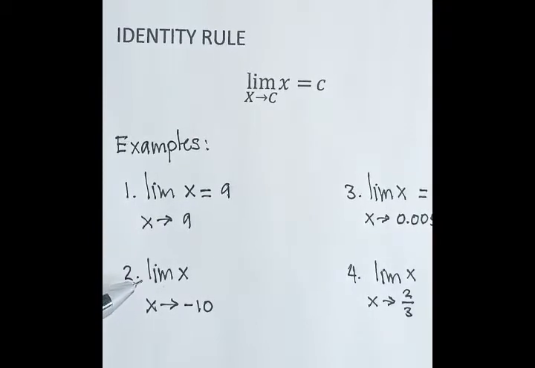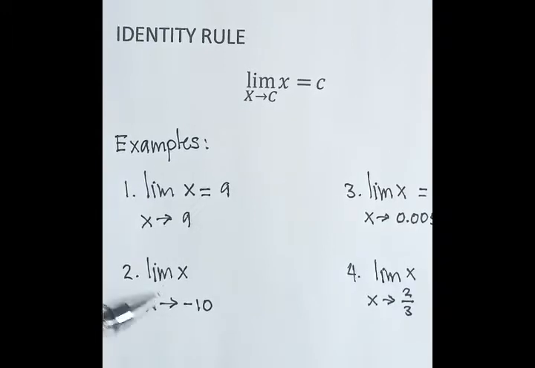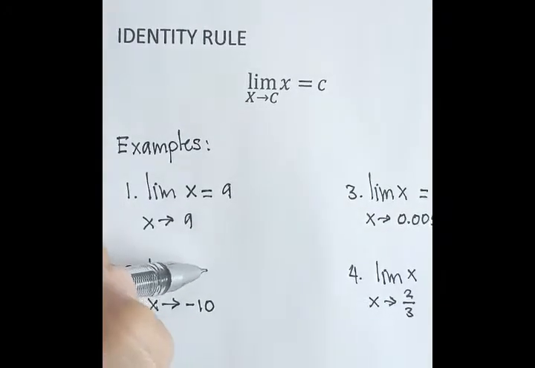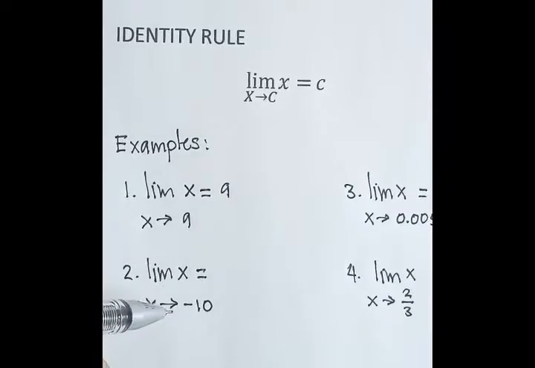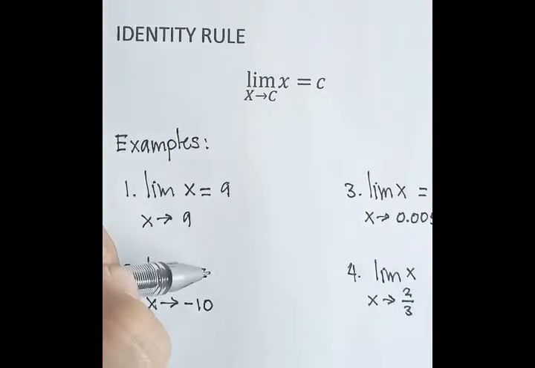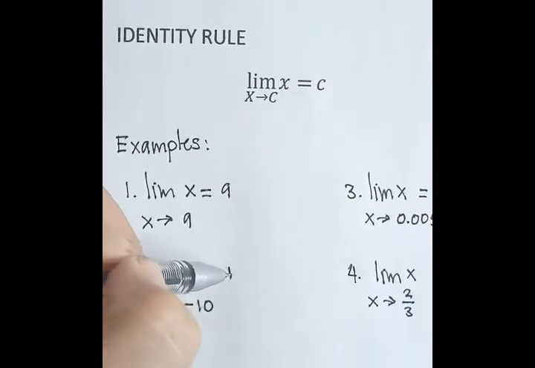So for example number 2, the limit of x as x approaches -10: its limit is, we just substitute the value that x approaches, which is -10.